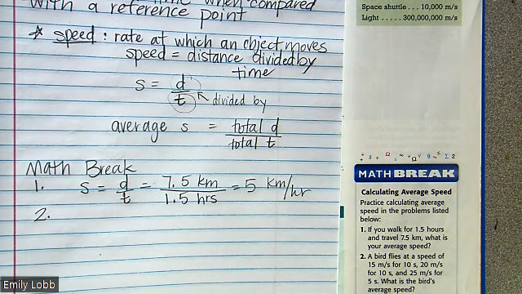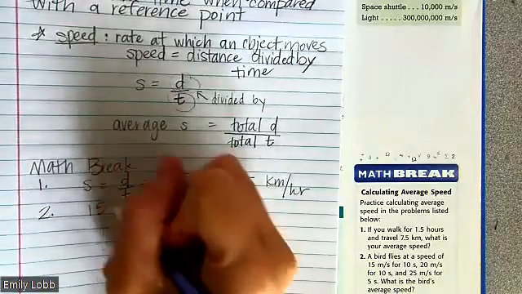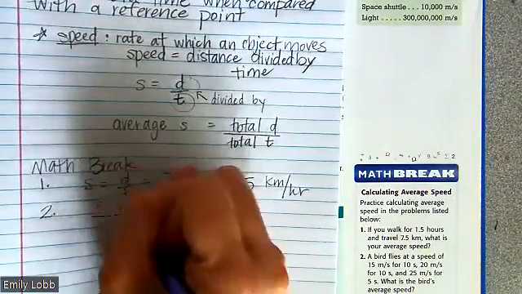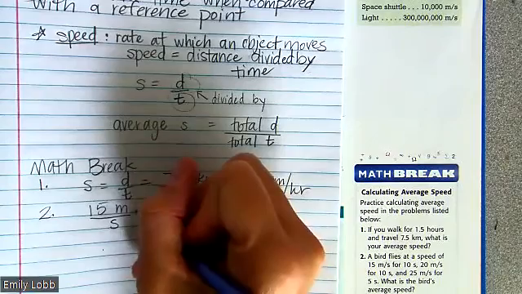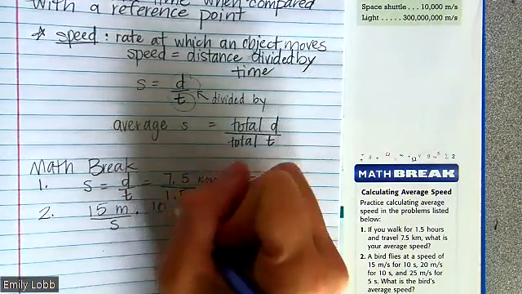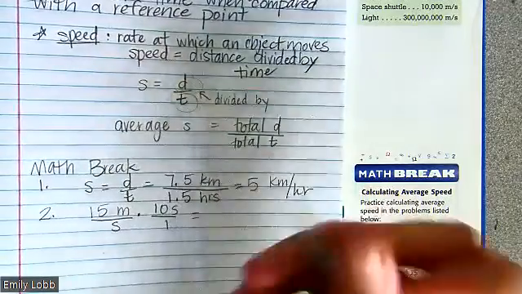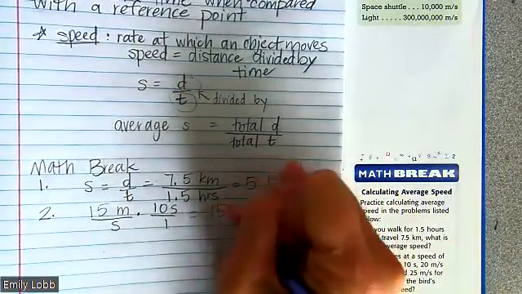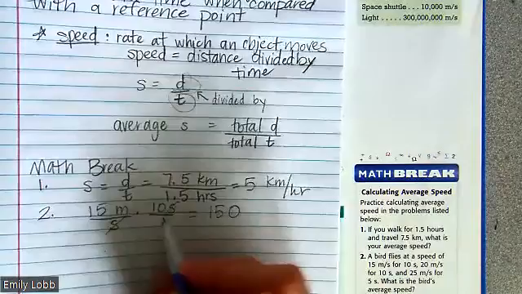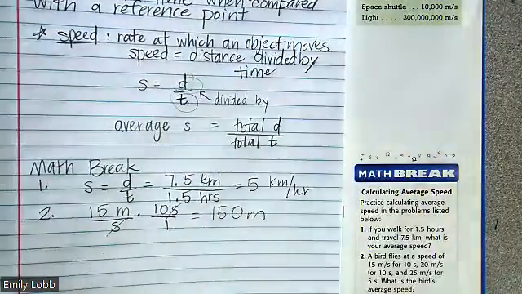What is the bird's average speed? Well, we have to figure out how far they went. So 15 meters per second times 10 seconds is 150 meters. Look, your seconds cancel out, right?